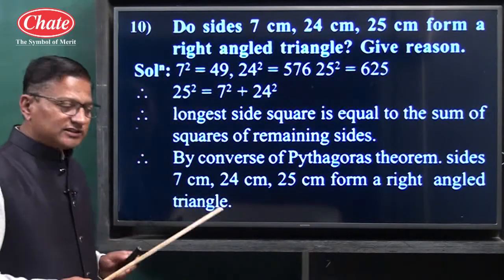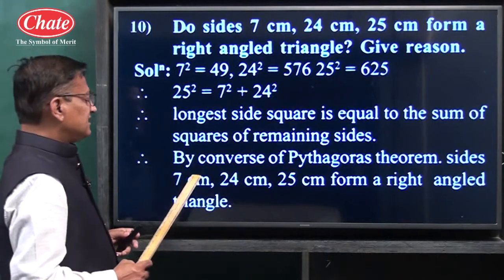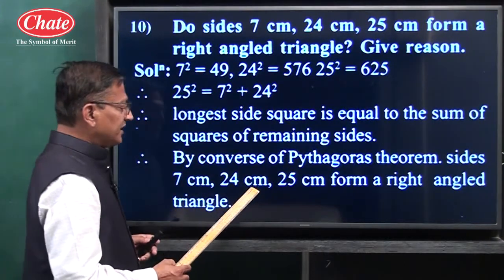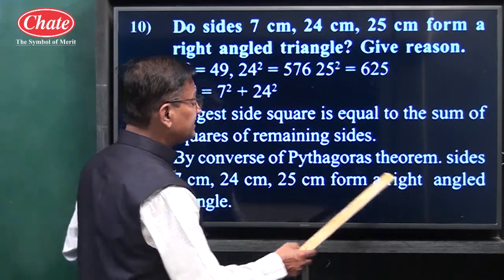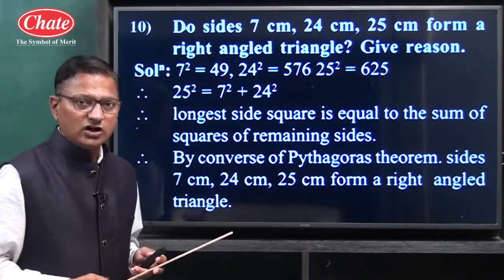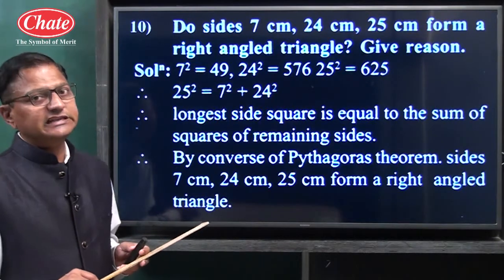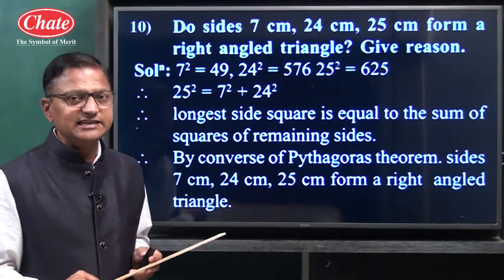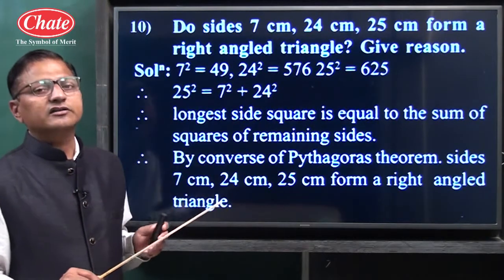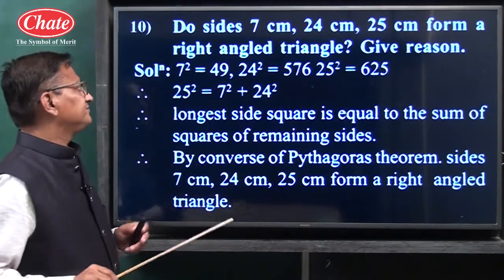By the converse of the Pythagoras theorem, sides 7 centimeter, 24 centimeter and 25 centimeter form a right angle triangle because it is a Pythagorean triplet, and by a Pythagorean triplet we can easily draw a right angled triangle.